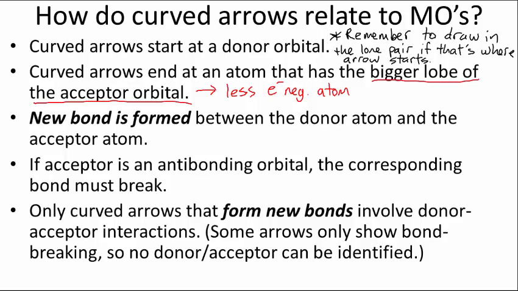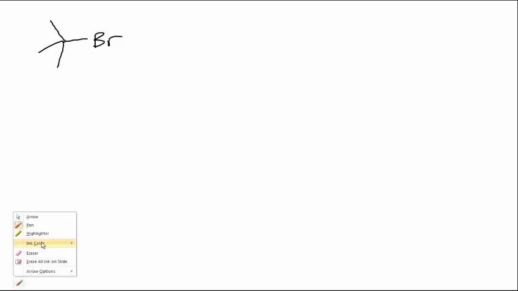All right, this last point down here, I want to illustrate because it doesn't necessarily make that much sense in the abstract. Occasionally, you'll have a curved arrow that looks like this. Occasionally, you have a bond that just breaks on its own. It's not something that happens all that frequently, but occasionally you have a bond that breaks on its own.